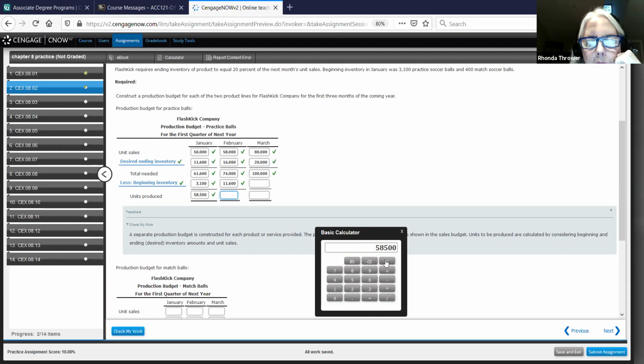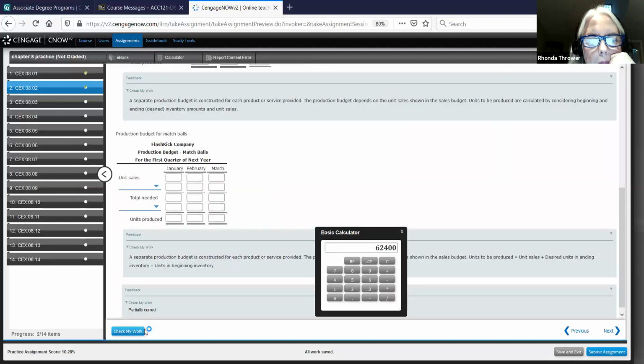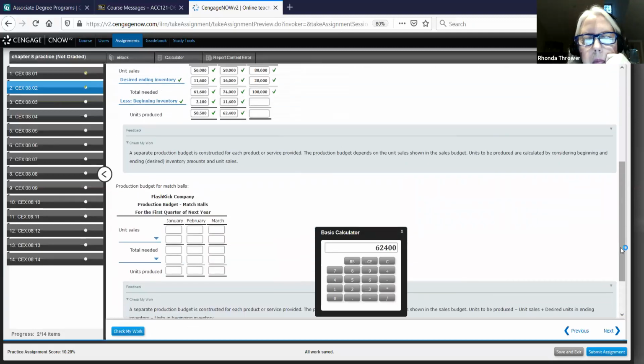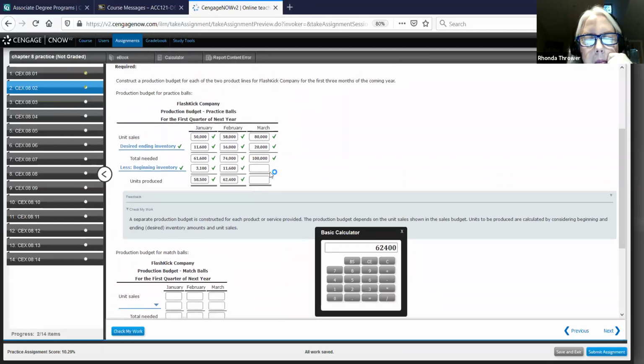We're going to subtract out the 74,000 units minus the beginning inventory units of 11,600. And that will give you 62,400. And then February's ending inventory of 16,000 will become the beginning inventory for March.